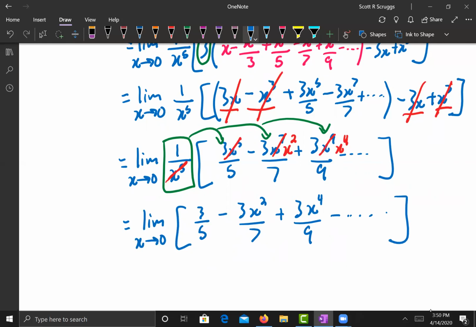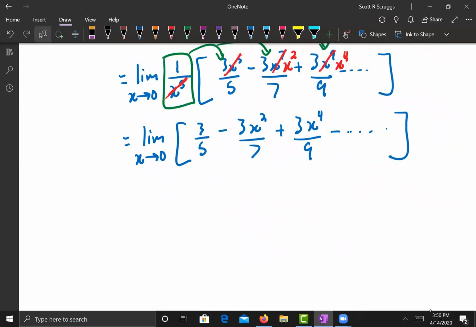Well, luckily, since we have a Maclaurin series, this whole thing is a polynomial, which means it's continuous, and the limit of a continuous function we could just plug in.